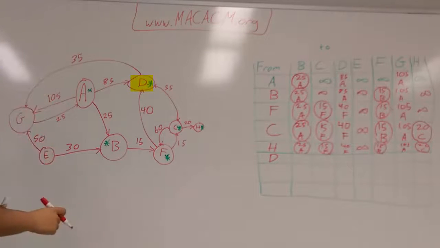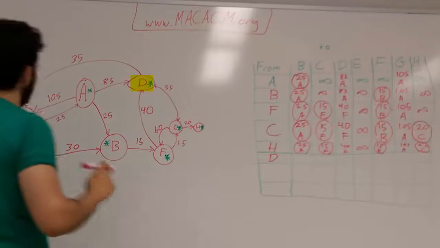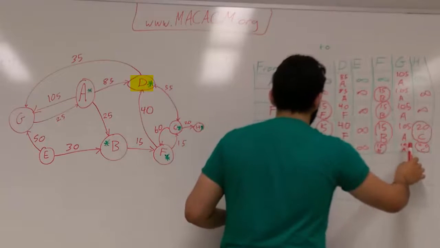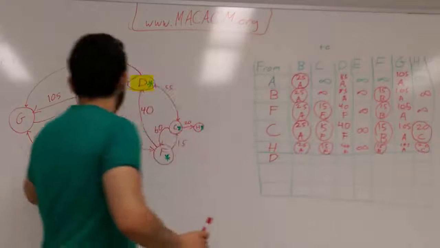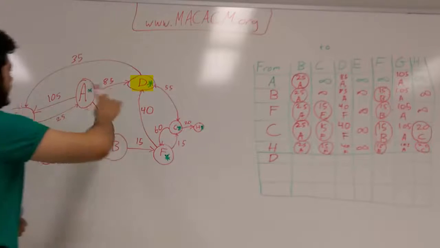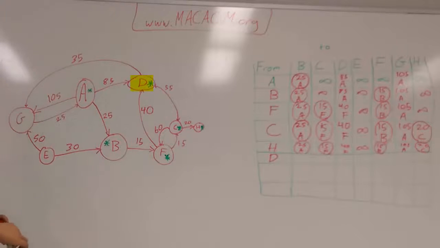One interesting node is G, since the only path to it we discovered up until now was costing 105 from the source point A. However, now we can actually get to G from D with only 35 points.